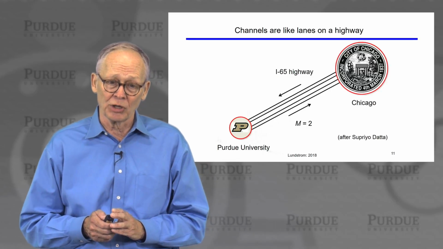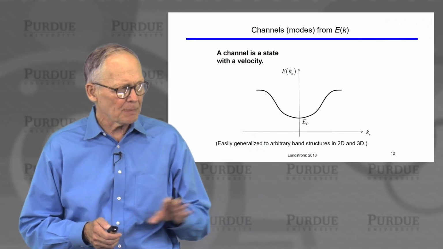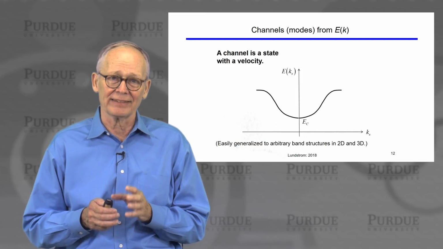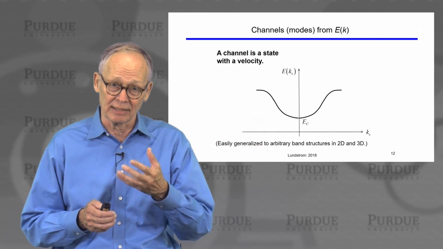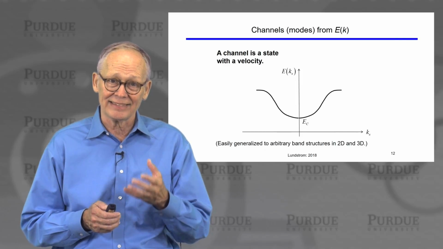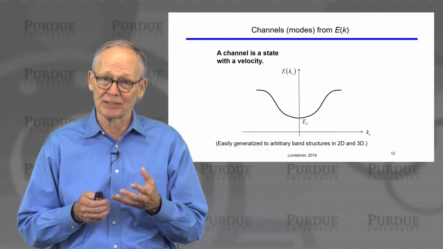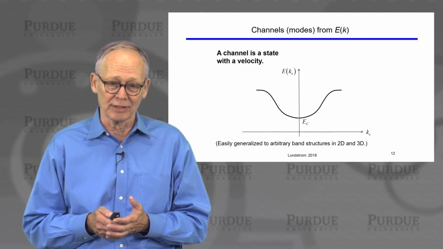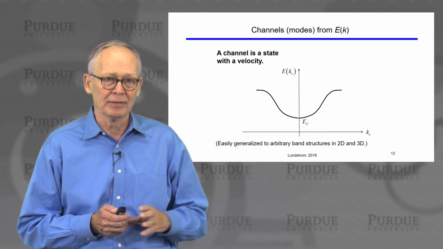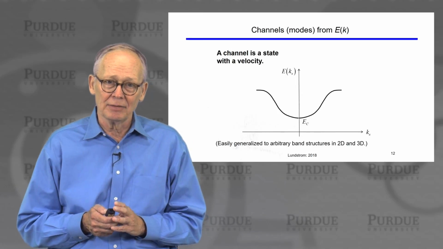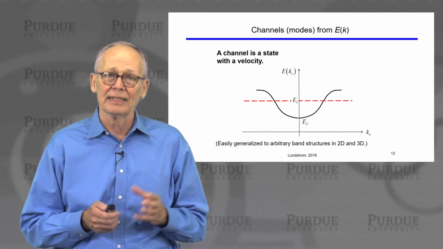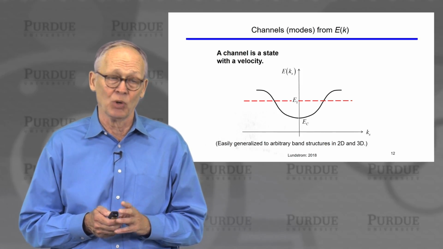We can be a little more rigorous about this if we think about a band structure. So a channel is basically a state that an electron can reside in, a state that has a velocity. The electron has to be able to move in that state or it won't be able to carry any current flow. So if I have an E versus k diagram like this in 1 dimension, and if I ask, is there a channel at energy E1?